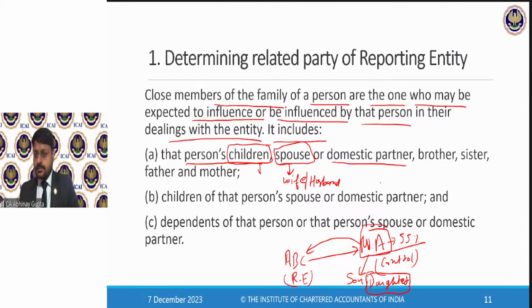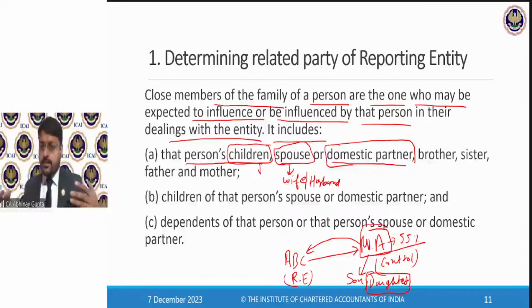Or the domestic partner. Now, see, under AS 18, you wouldn't see this term, although son, daughter, and wife or spouse is also there, but domestic partner is not there, right? Because India's AS 18 was written in Indian context, right? And when the standard was written, this domestic partner live-in relationships thing might not have been explored in India, right? But now standards are global.